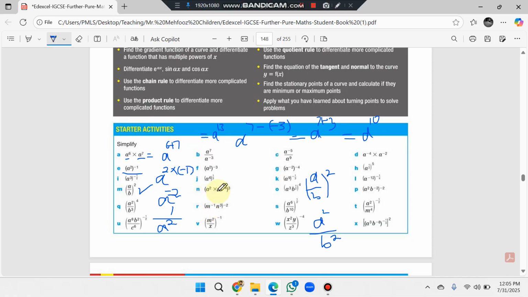No. Okay. Again, in part N, both numbers are multiplied. If we separate the powers, this can be written as a squared raised to the power 3 multiplied by b raised to the power minus 4 whole power 3.